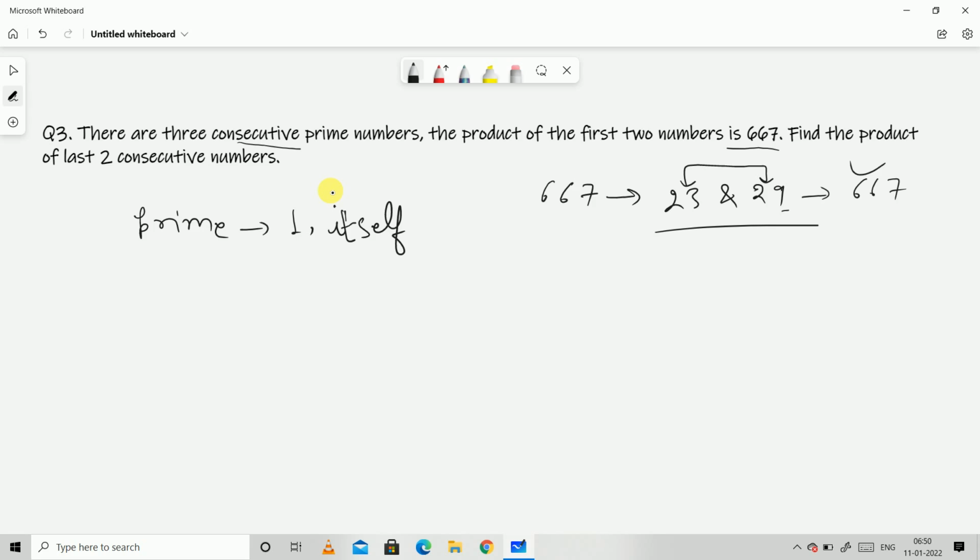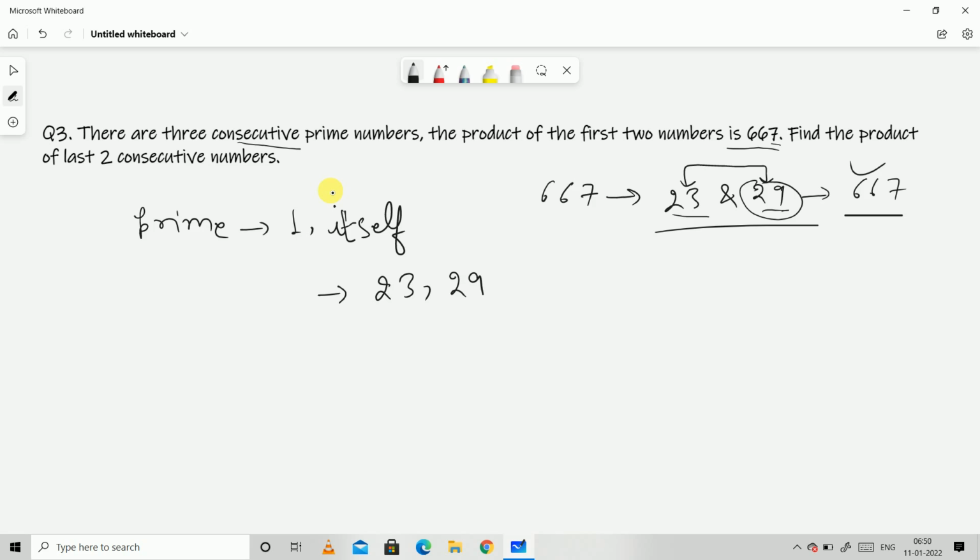That is, they will be divisible by other numbers except 1 and themselves. So 29 is my next prime number. Therefore, 23 and 29 are consecutive prime numbers and their product is 667. So we got our first 2 numbers, whose product is 667. The first 2 numbers therefore are 23 and 29.